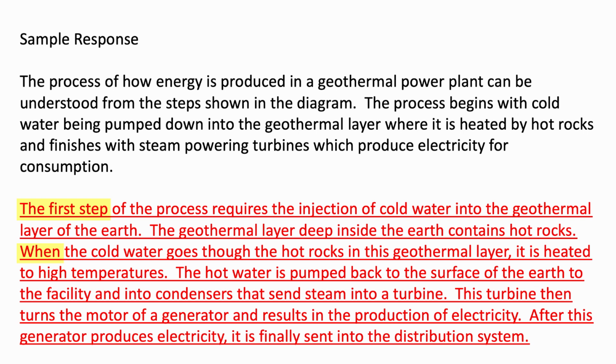Then you see words such as pumped back to, so that's returning. This turbine then gives more indication of the process. And then after this, and then the last sentence it says finally. So these are words that can be used to help indicate the process.